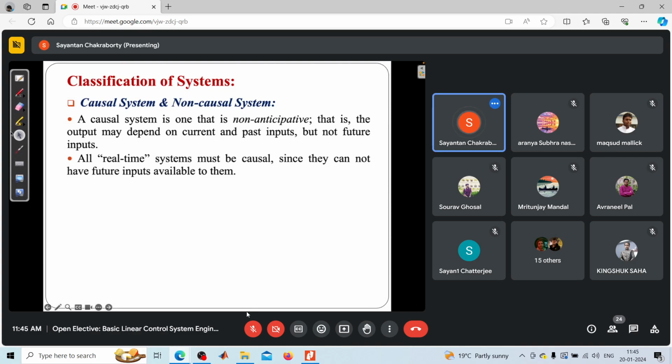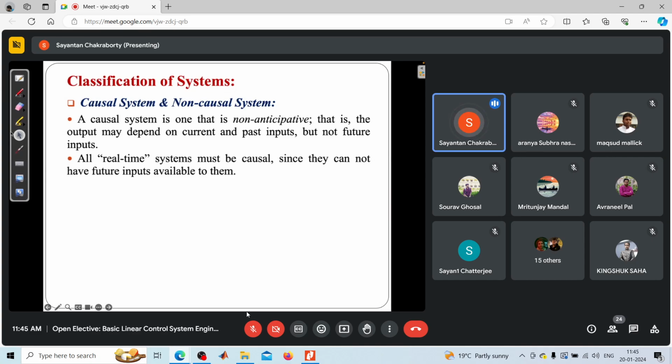It's very difficult. Actually, if you take time as an independent variable, as we normally do, then every system is a causal system, right?